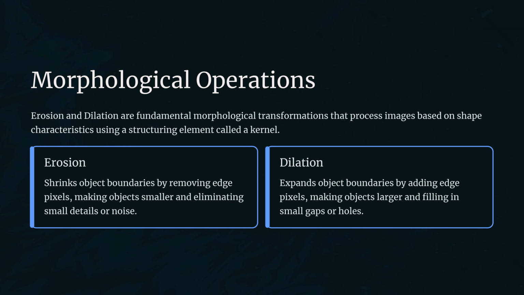Morphological operations process images based on shapes using a small matrix called a structuring element, also known as a kernel. In simple words, erosion removes pixels from the boundaries making shapes thinner, and dilation adds pixels around boundaries making shapes thicker. Both these operations are very useful in pre-processing and feature extraction in image processing.